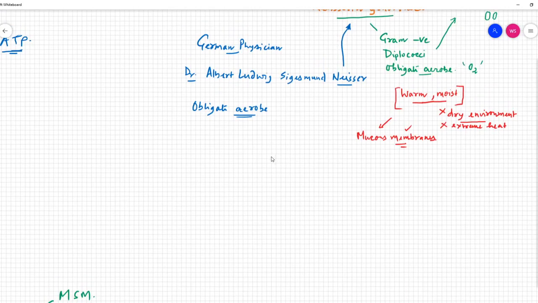From this we can understand that this organism infects the lower genital tract, which has all this mucosal membrane containing areas, and the rectum, the pharynx, and the eyes. So this organism infects these areas.